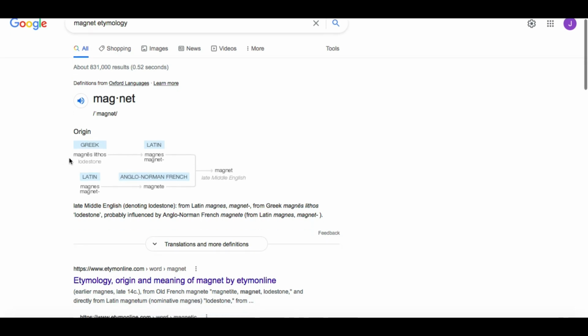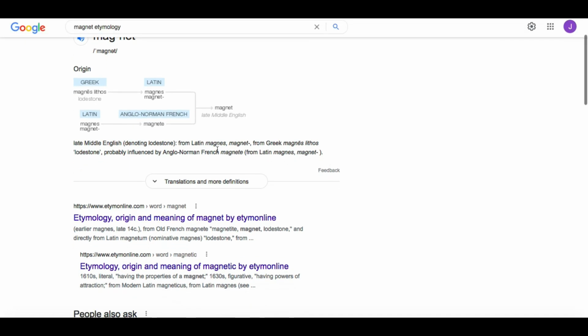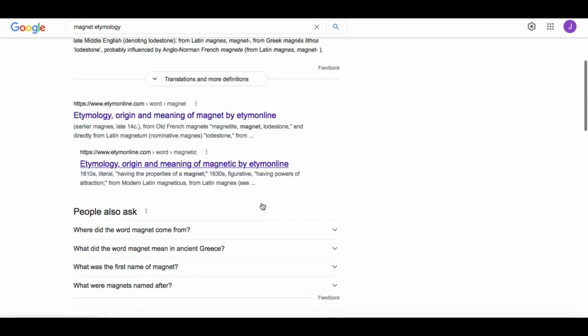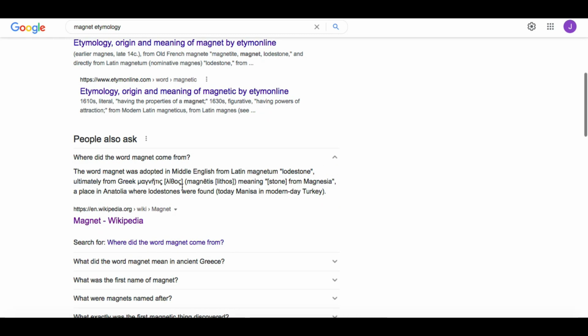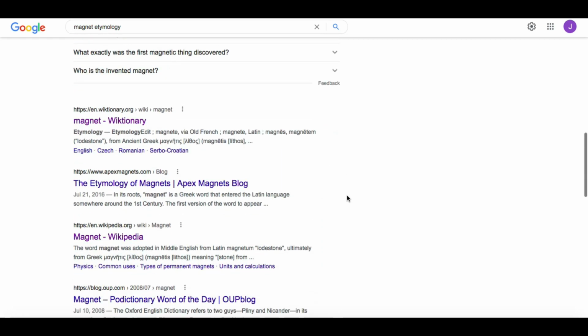From the Greek, they're saying it's magnes and lithos. Lithos meaning rock, magnes meaning great, usually. It doesn't say that here, but that's what it means. It's coming from the French. They're giving you all these things. It's from the Greek, magnes, lithos, stone from magnesia. I mean, these things could all very well be, but they're intermediate.